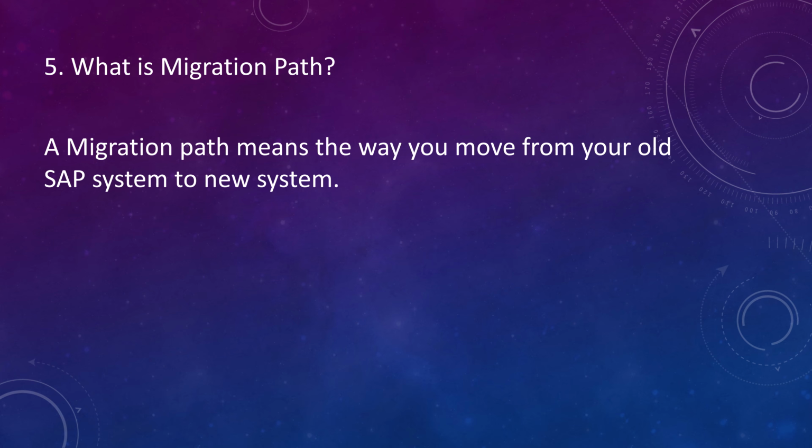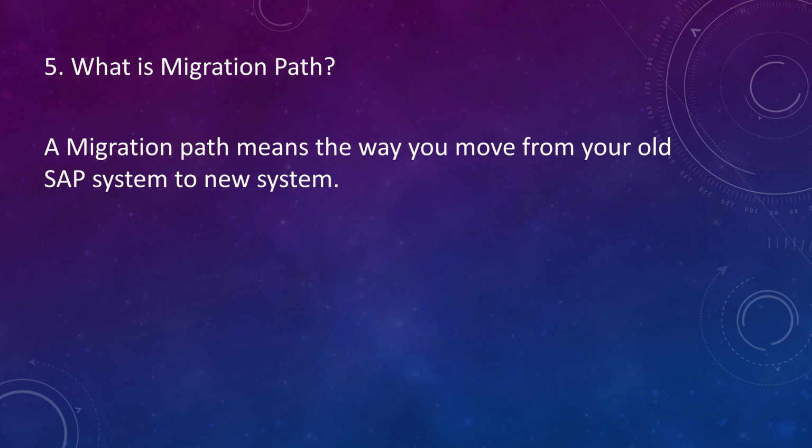The migration path depends on many factors like your current system, database, business requirement, and the target platform. So, in simple words, a migration path is the route or approach you take to complete the SAP migration smoothly and successfully.